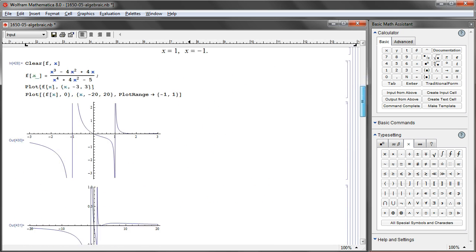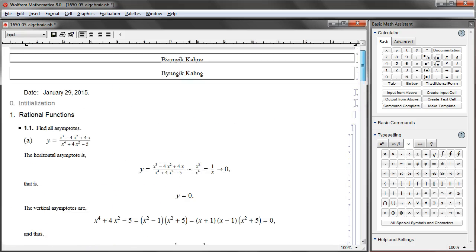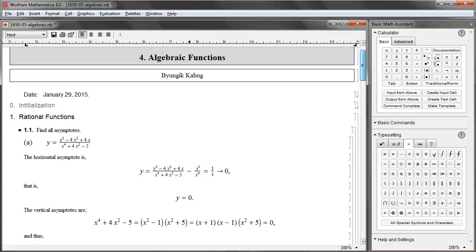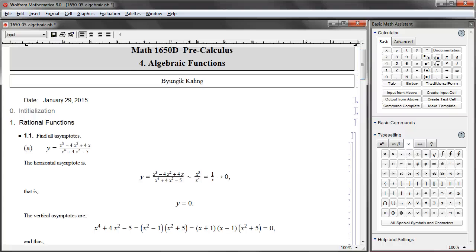How about vertical asymptotes? As you can see, there are a couple. Can we actually find them? Yes, by setting the denominator equal to 0. If I get sufficiently close to the number where the denominator becomes 0, I'm going to get some finite number in the numerator over a denominator getting very small.